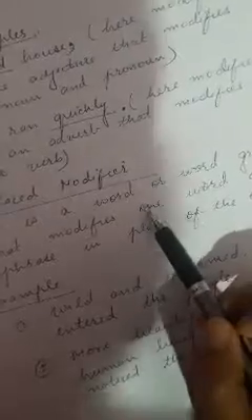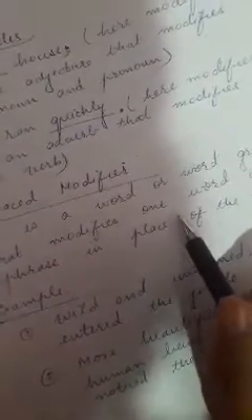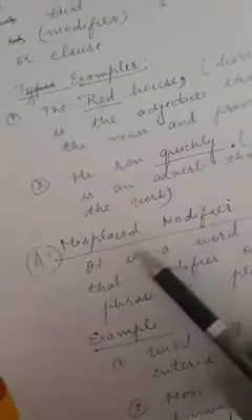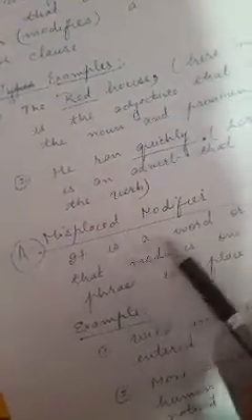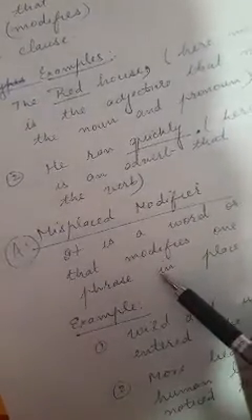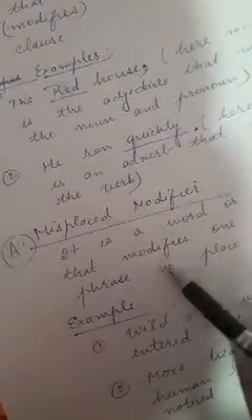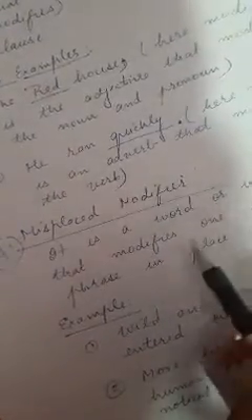So it has added meaning to, or modified, the wrong part of the sentence or the wrong group of words, and that is why it is being called a misplaced or wrongly positioned modifier. That is, it has been placed in the wrong position in the sentence by mistake, so it is called a misplaced modifier.